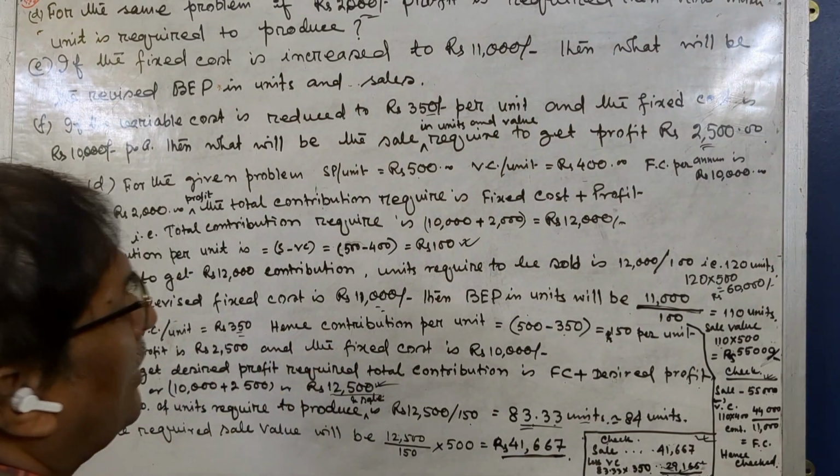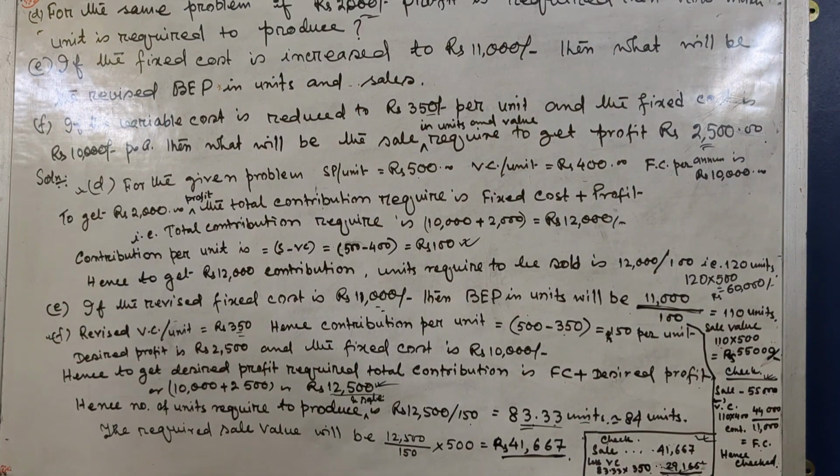In this way, we have got the basic idea of marginal costing, the term contribution, and how we will find out the profit by applying this technique, and how we take decisions for getting a desired amount of profit, how we will calculate the break-even point, that is no loss, no profit point, which I have discussed earlier graphically.